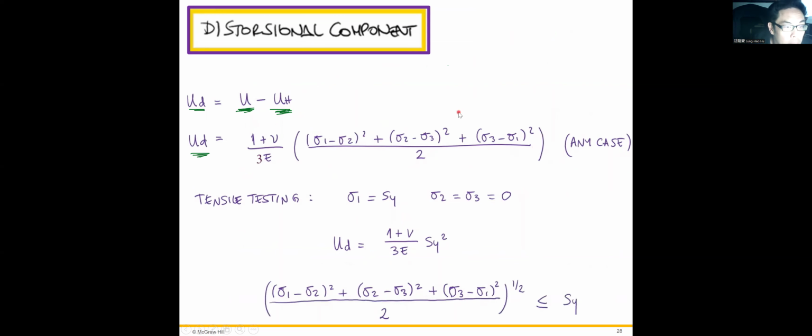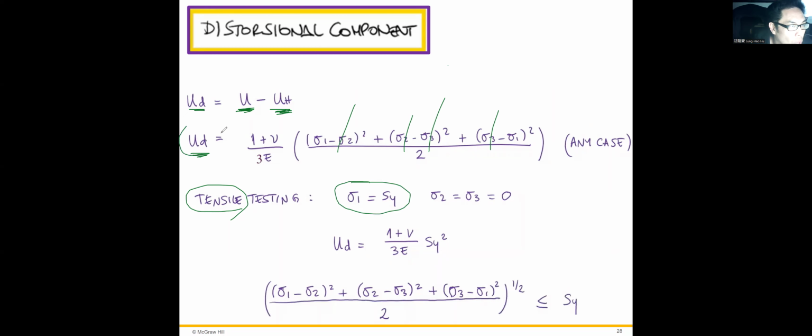And this is called the distortional component. And if we just take the tensile test into account, let's say sigma 1 equals the yielding stress, and sigma 2 equals sigma 3 equals 0. If we only consider the tensile test, sigma 2 and sigma 3 are 0, and sigma 1 equals the yield stress.